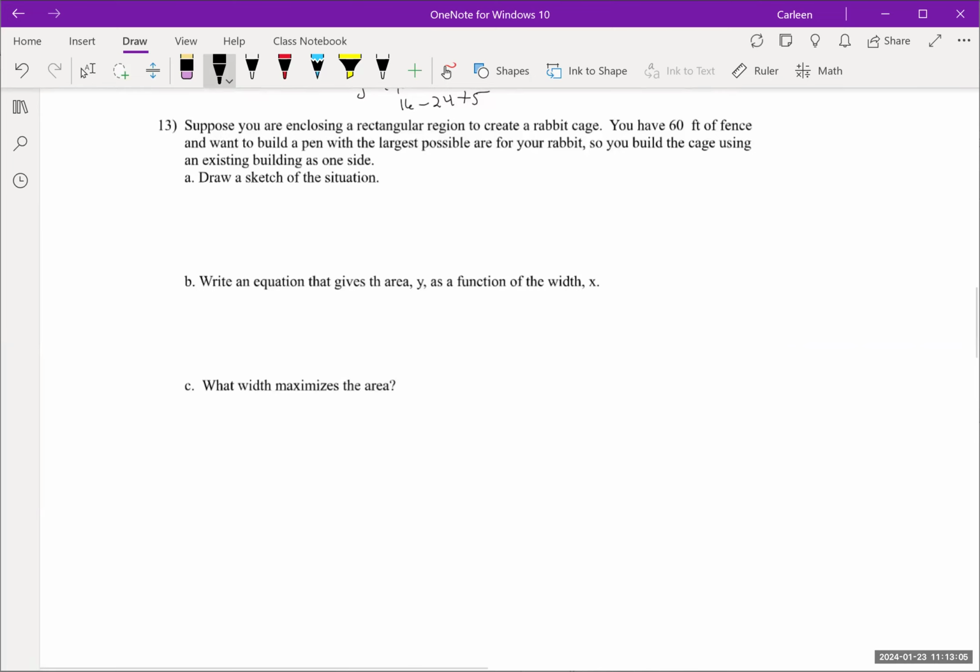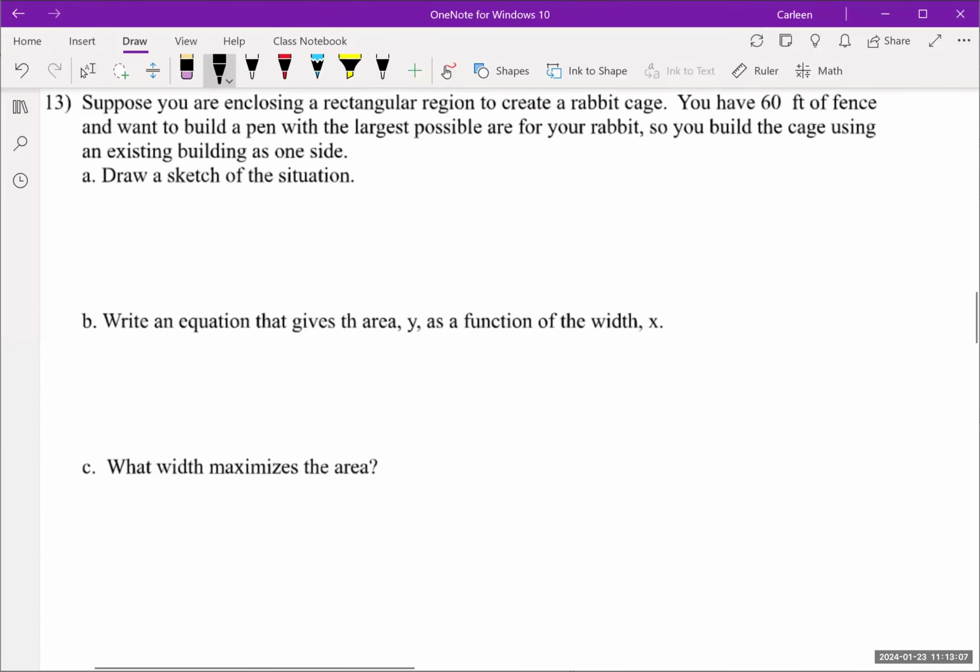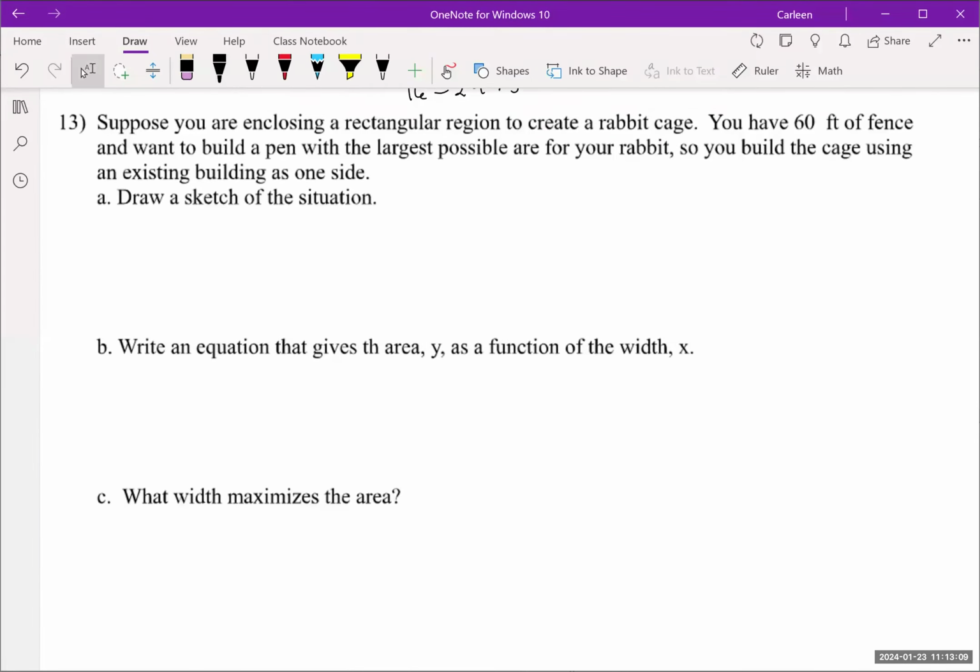Bunny problem. You need to be ready to do the bunny problem next week. And I think this one comes out decimals. Oh, no, it doesn't. Yay. I hate it when it comes out decimals. Okay, step 1, draw a sketch.